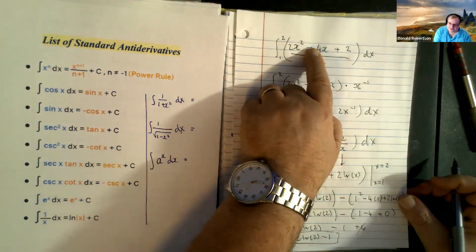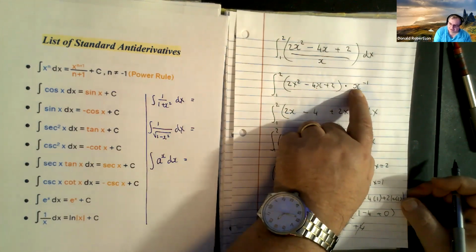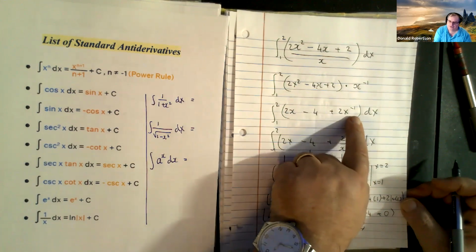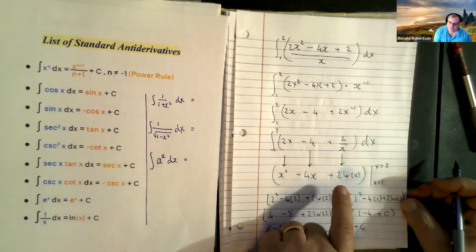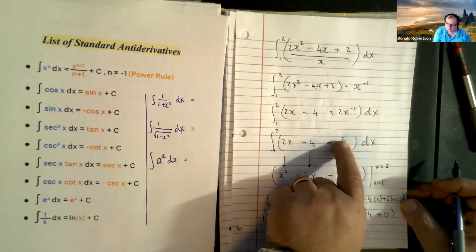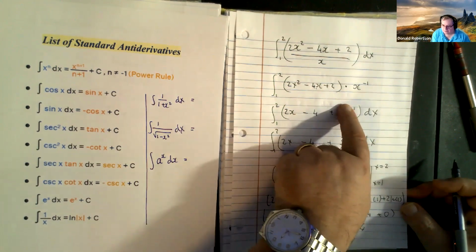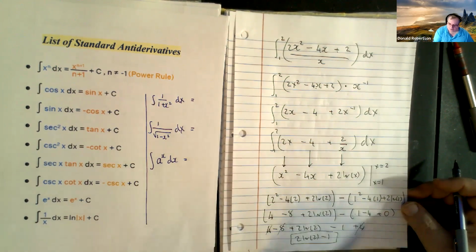So a complex fraction can be turned into a multiplication by a negative power, distribute that negative power throughout all the terms and use the power rules, or if you need to, if the special case arises, a log.